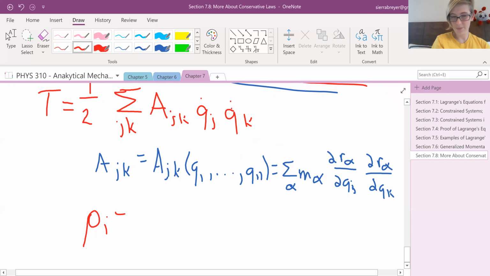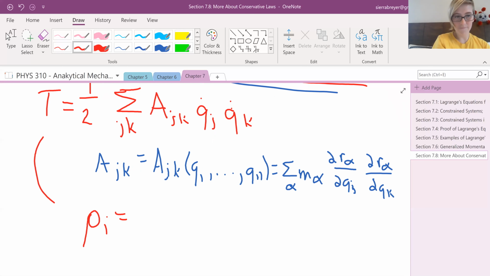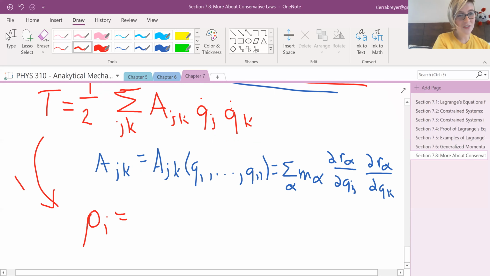So the momentum, which is going to be, okay, if I do this and take the derivative, it's like q dot. I end up, there's so much going on here. Okay, I end up with this.